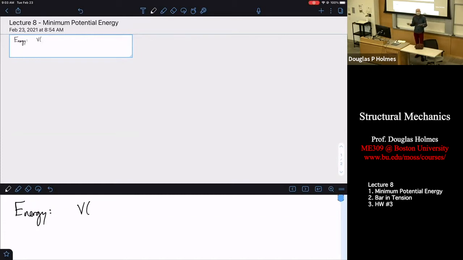The total potential energy is going to be a function of the force that we're applying and the angle of rotation of those bars with the horizontal. So we can call that theta.